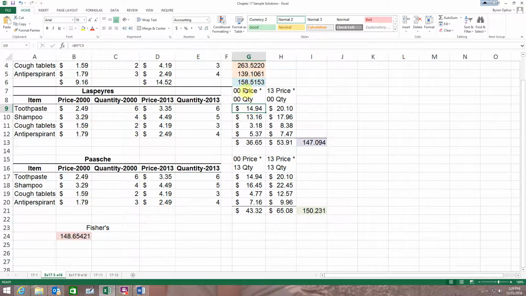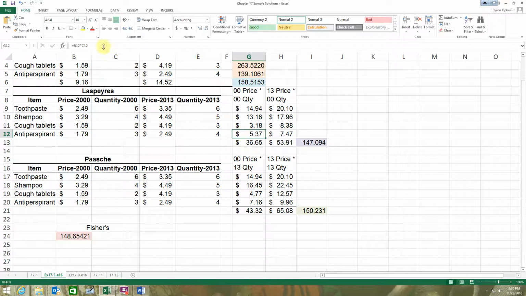So first we have to do that. So we get the 2000 price times the 2000 quantity, right? So we get 6 times 249, etc. So this is equal to the 2000 price times the 2000 quantity, and then I can just carry that down. Okay, and I total that, so I'm getting a total kind of like I have up here. Do the sum, right?